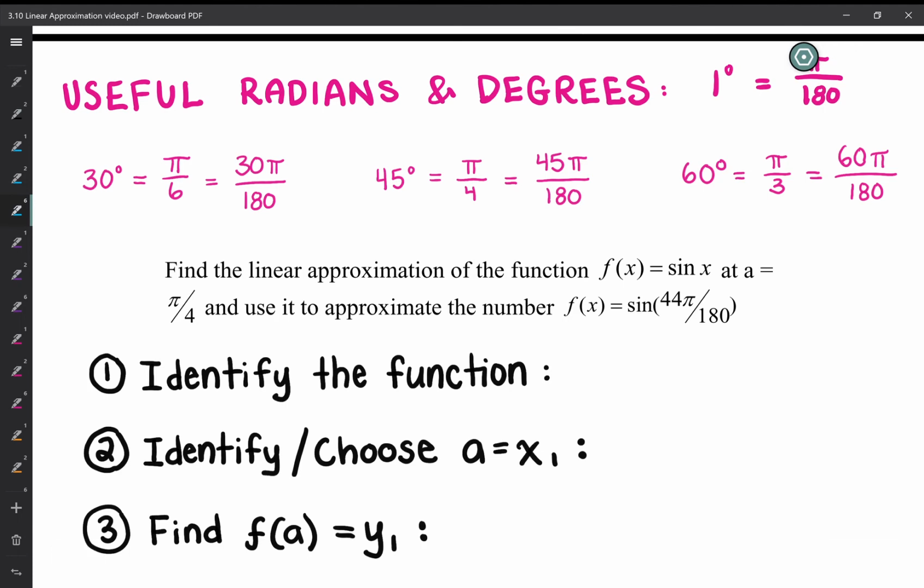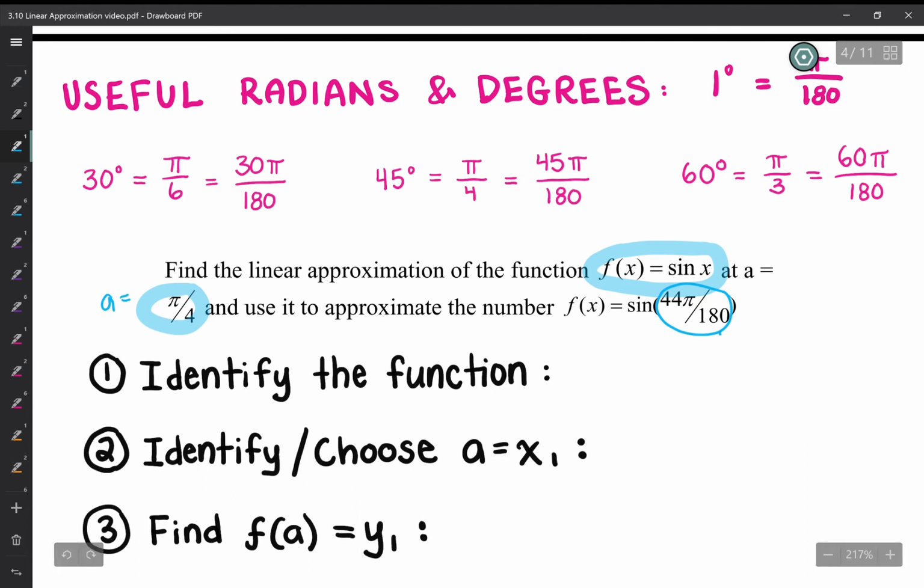This will be pretty useful for sometimes finding an a value, and often evaluating the linear approximation in order to approximate something. So let's start here. We want to find the linear approximation of the function f of x is equal to sine of x at a is equal to pi over 4, and use it to approximate the number f of x is equal to the sine of 44 pi over 180.